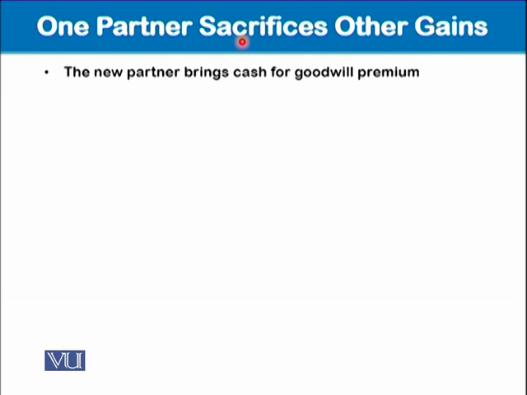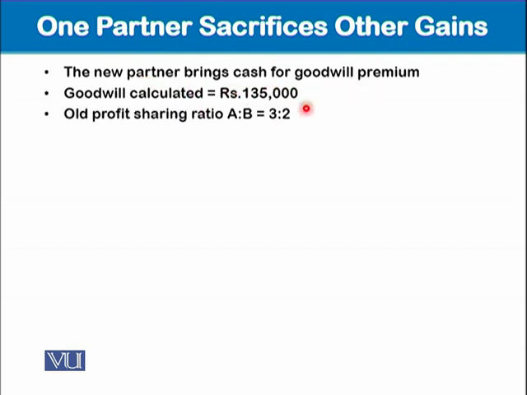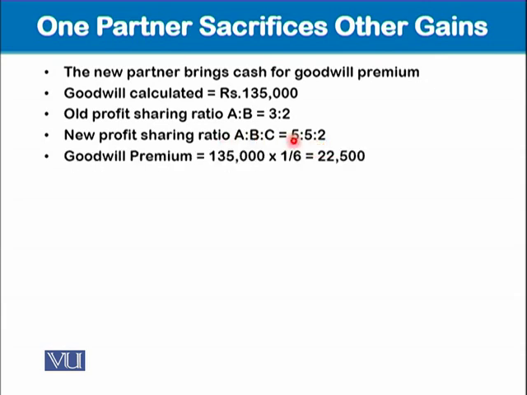Well, the other scenario is that one partner sacrifices and another gains. The new partner brings cash for goodwill premium. The old ratio is 3:2 and the new ratio is 5:5:2 for A, B and C respectively. Goodwill premium is 135,000 times 1/6, which is 22,500.